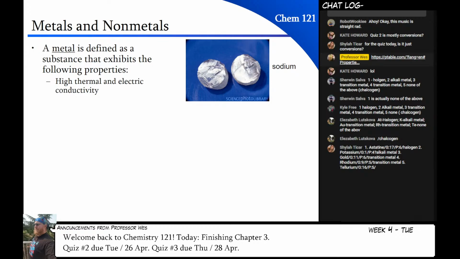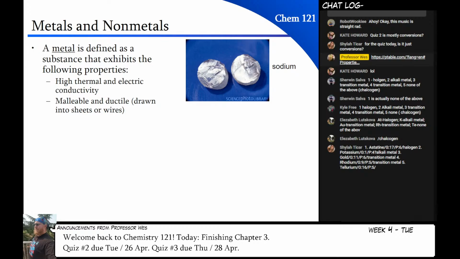Another property that's important for metals to have, to be metals, is that they have to be both malleable, which means that if you hammer them, they don't shatter or break, they just deform, and you can hammer them into a sheet. And also ductile. Ductile means that if you pull it in one dimension, you can get a wire of increasing thinness. So if I want to make, say, copper wire, you take a chunk of copper and you pull it, and then you pull it, and then you pull it.